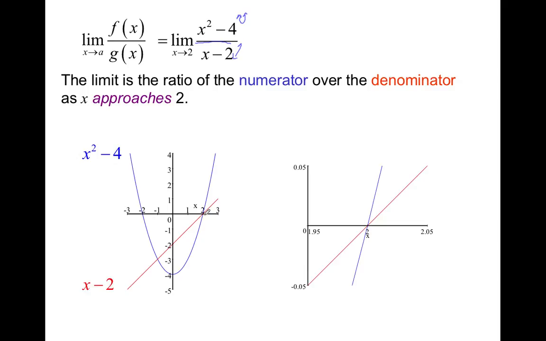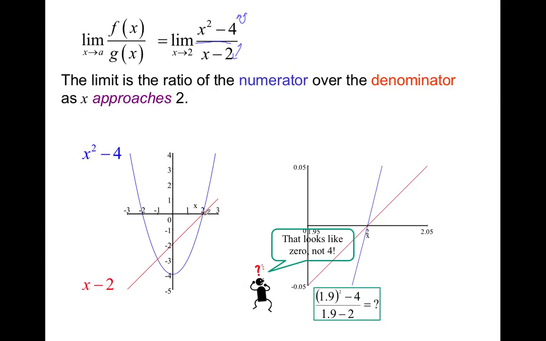Again, the separate values of the line and the parabola look to be 0 at 2 and close to 0 when you're around 2. What's the ratio of those values, though? Not the value 0, 0, but as you approach 0 over 0. Right? So yes, the intersection looks like 0, but I want to talk about the ratio of each one of those.